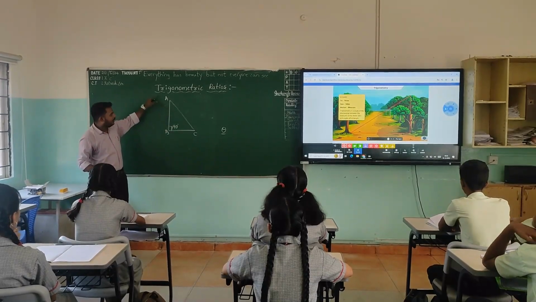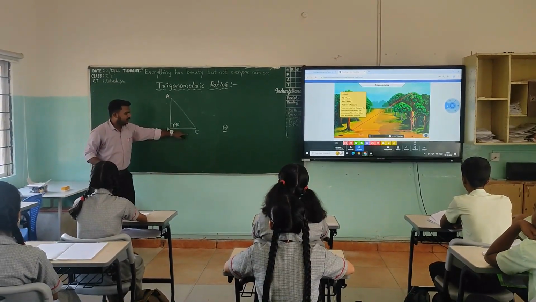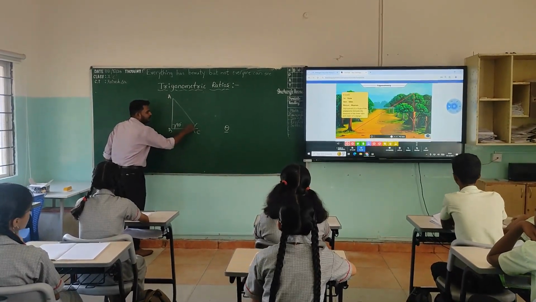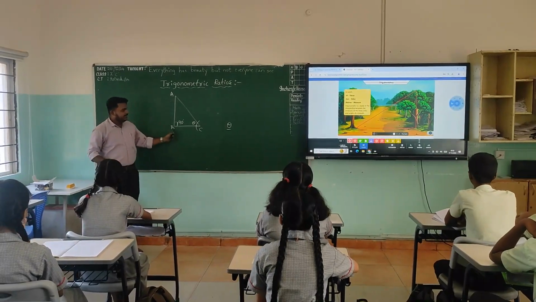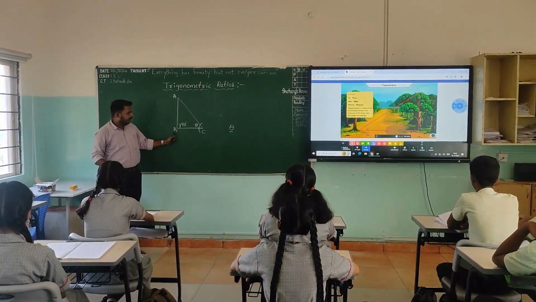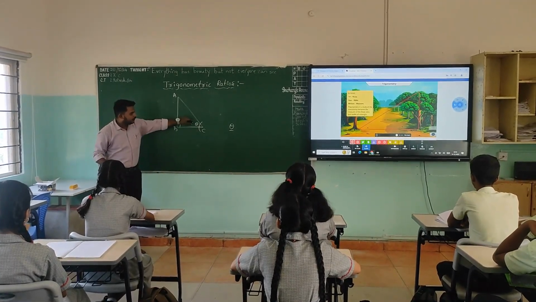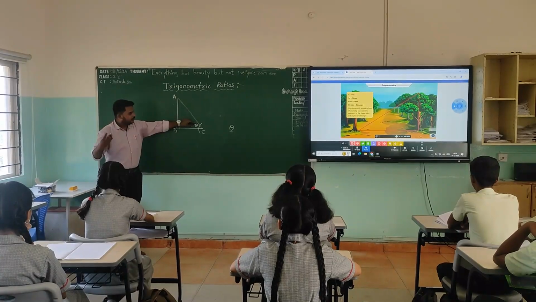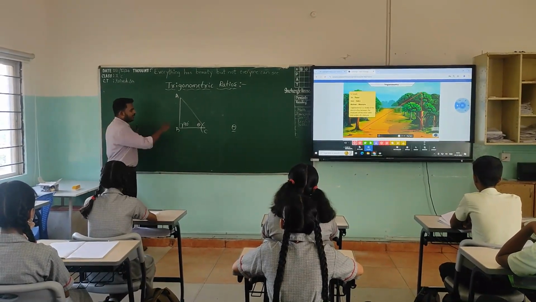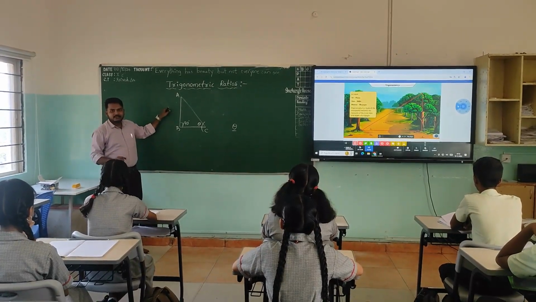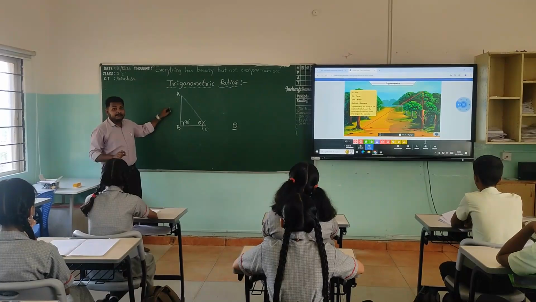Either I will take theta at A or at C. Here I will take theta at C. Now ABC is a right angle triangle, right angle at B, and theta is at C. Clear? Now with respect to theta, we have 3 sides. In right angle triangle ABC, the longest side is called the hypotenuse.